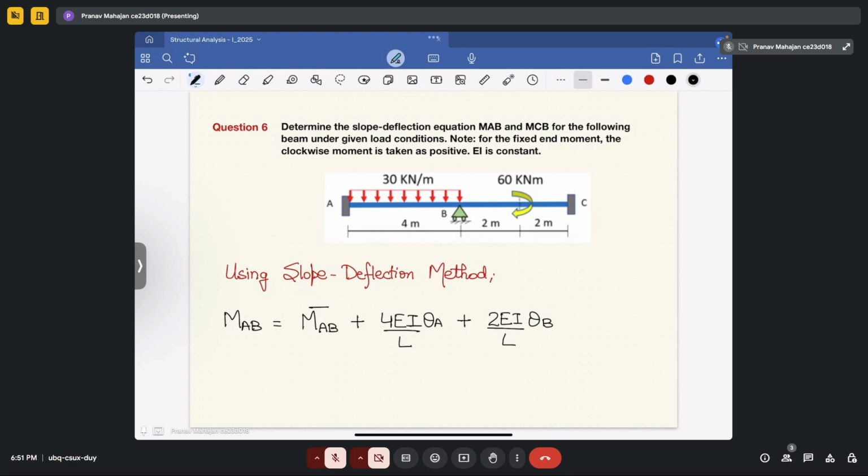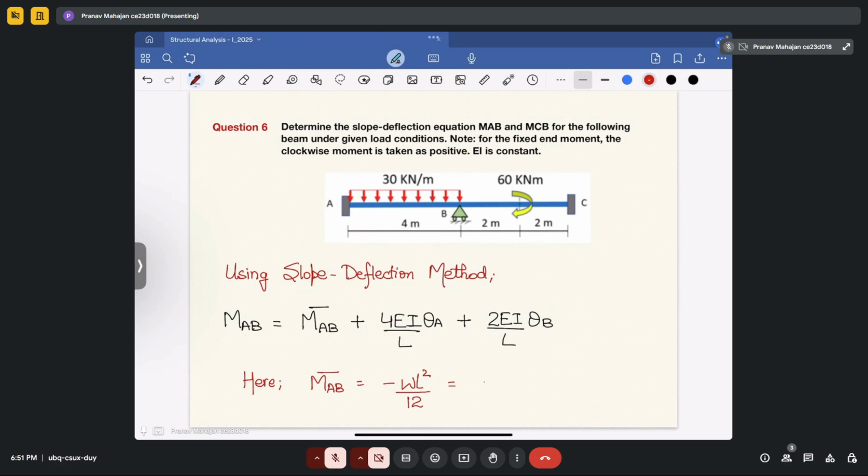Okay, so in this case your MAB bar will become equal to, so when you have uniformly distributed load on the fixed beam, then your fixed end moment will become WL square divided by 12.